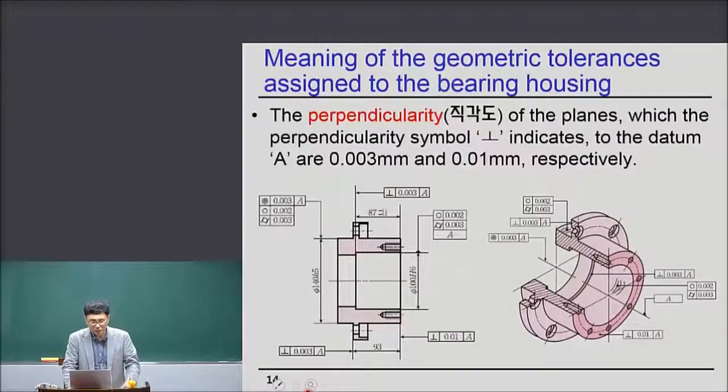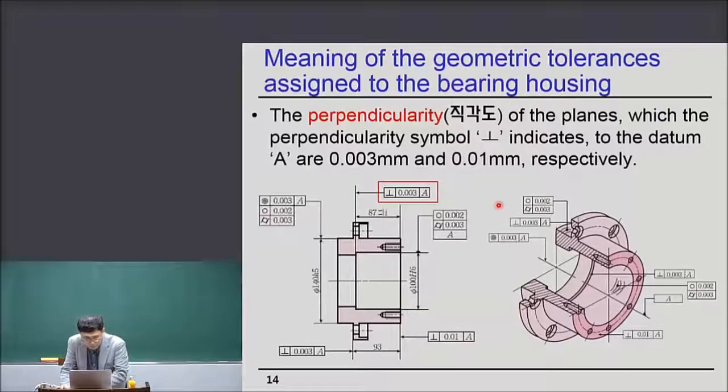There are other geometric tolerances assigned to the bearing housing, which is the perpendicularity of the plane. This is the perpendicularity symbol. This indicates to the datum A, 0.003 and 0.01 millimeter respectively.